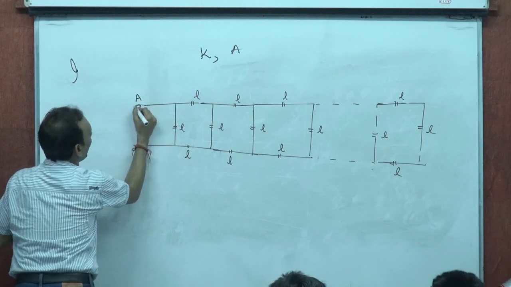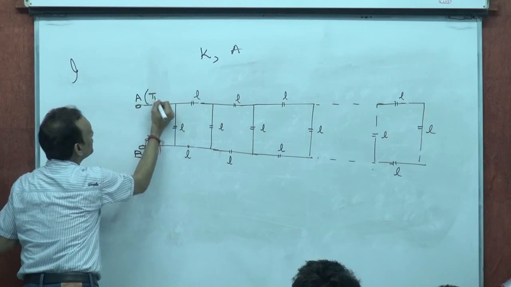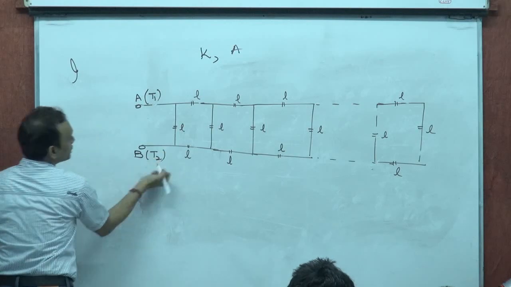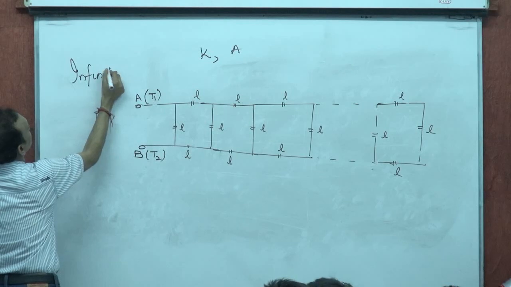Between points A and B, A maintained at temperature T1 and B maintained at temperature T2, infinite thermal ladder.